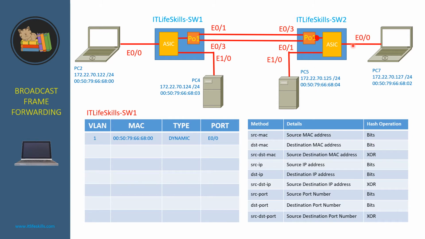IT LifeSkill Switch 2 also uses the load balance configured on it to forward the frame via the EtherChannel. IT LifeSkill Switch 1 and PC2 learn the MAC address of PC7 via the ARP reply. We will learn more about how the hash algorithm works in the next slides to understand how switches select a physical port in an EtherChannel to forward frames.